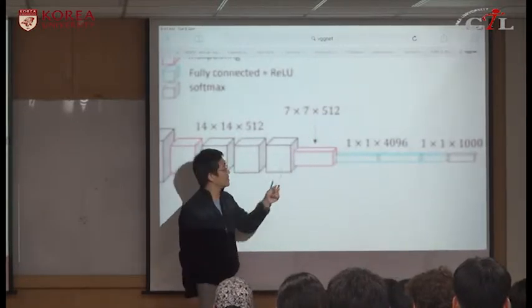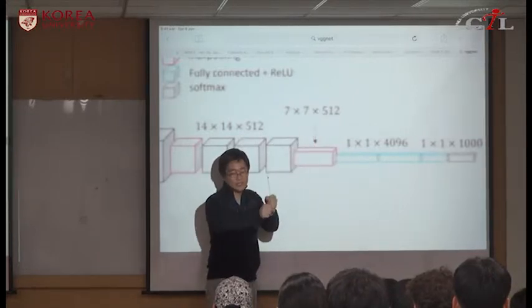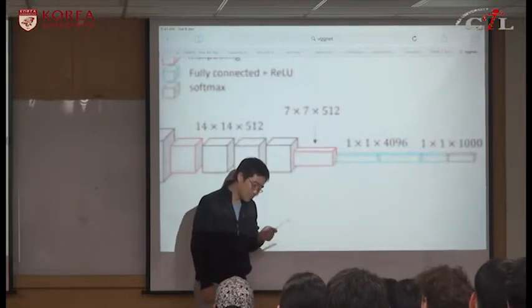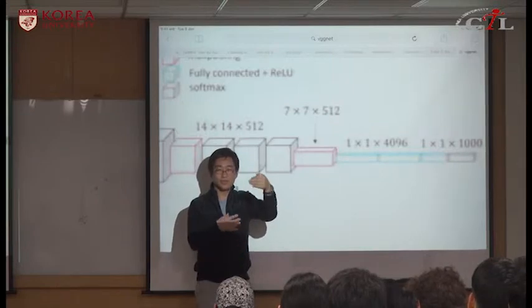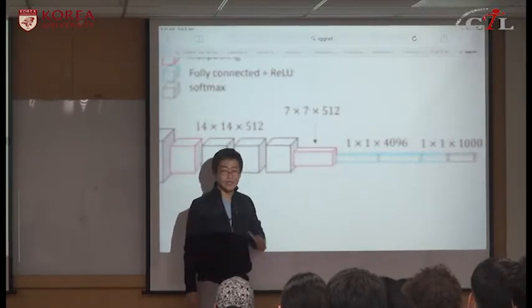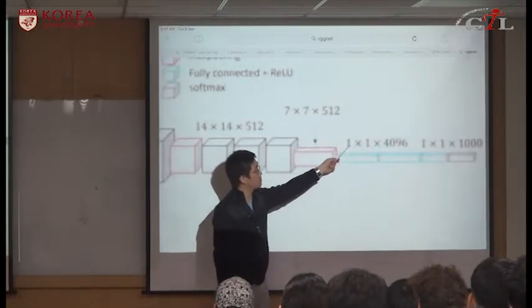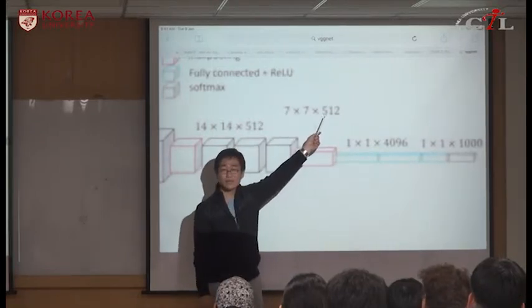Now, if we maintain these three-dimensional numbers as the shape of the input and output activation maps, we can view the step of forming a one-dimensional vector, so that we can provide it as a fully connected layer input. In that case, we can represent this as maybe 7 by 7 by 512.